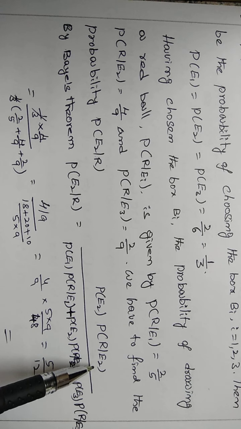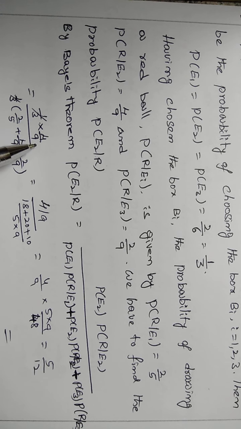P of E2 is equal to 1 by 3, and P of R by E2 is equal to 4 by 9. In the denominator, P of E1 is equal to P of E2 is equal to P of E3 is equal to 1 by 3. Taking common 1 by 3 into P of R by E1, 2 by 5, plus P of R by E2, 4 by 9, plus P of R by E3, 2 by 9. The 1 by 3 gets cancelled.